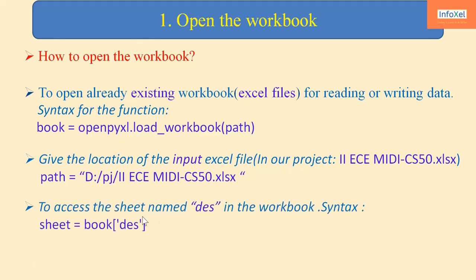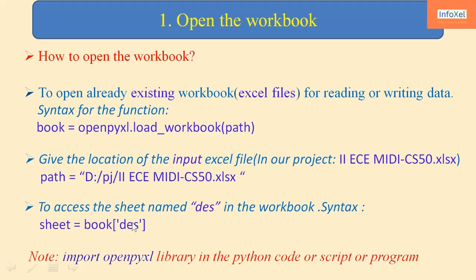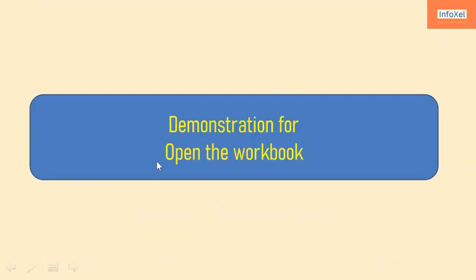To access the sheet named des in the workbook, this is the syntax: sheet equal to book within square brackets 'des' in single quotes. Important: import the Openpyxl library in the Python code, script or program. So the demonstration for how to open the workbook, we'll see now.